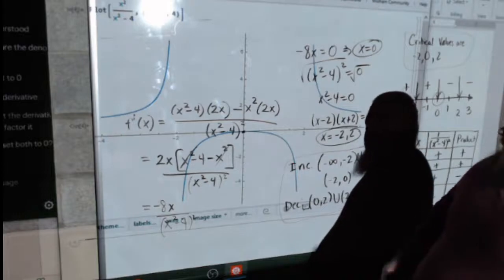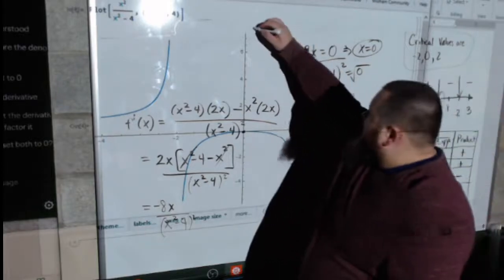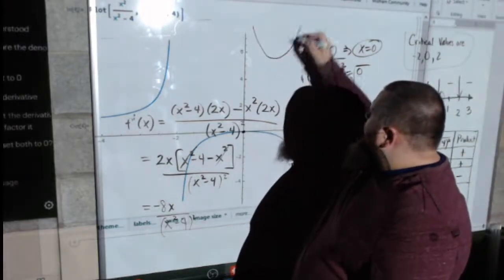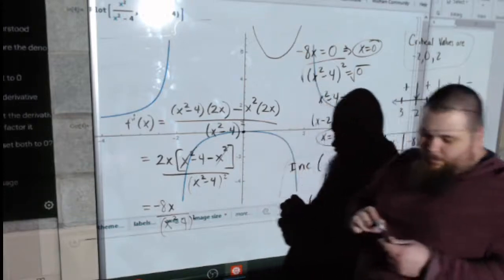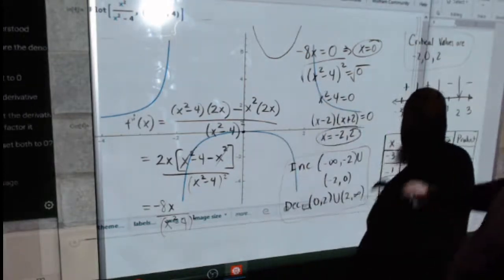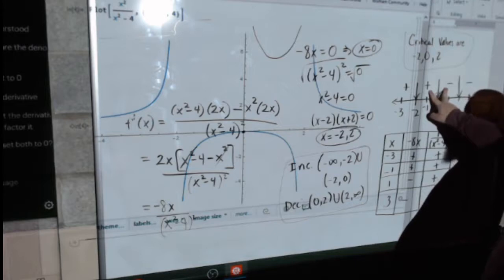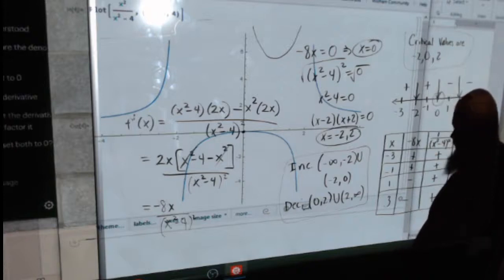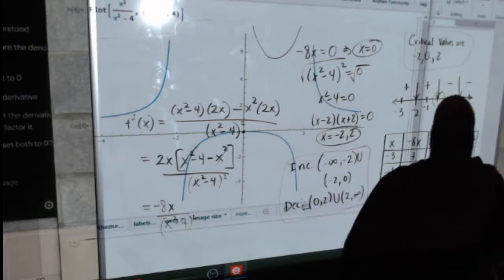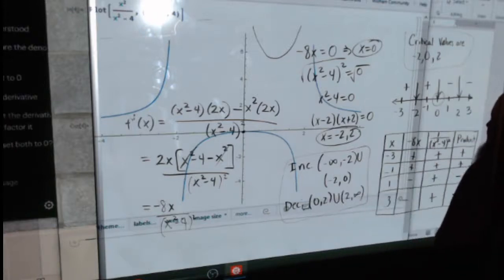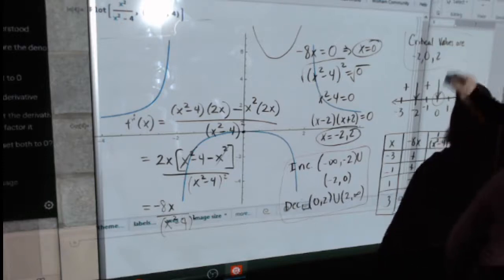If I went from negative slopes to positive slopes, I'd have a minimum. So anytime you have a sign change here, there is the potential for a local max or a local min. So that's even more information that the first derivative test gives us.